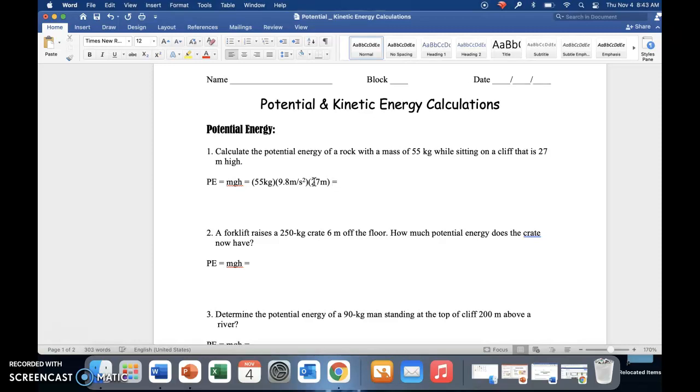So if I work that out on my calculator very quickly, I take 55 times 9.8 times 27. I will get 14,553. I have kilograms meter squared per second squared.